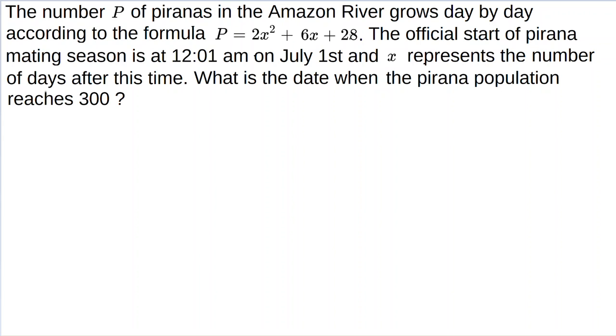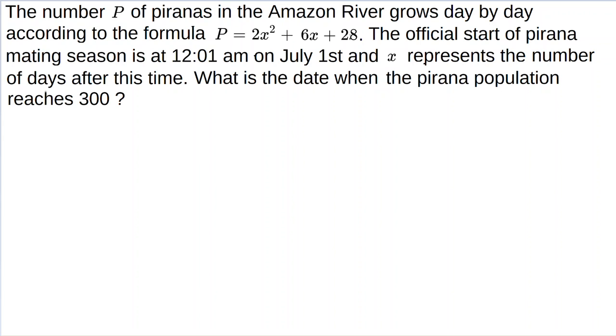So x equals 1 means July 1st has totally passed, and we're just in the first minute of July 2nd, and so on. If x equals, say, 5, what does that mean? That means that July 5th has totally passed, and we're on the first minute of July 6th, right? So it's important to keep that interpretation of time in mind.